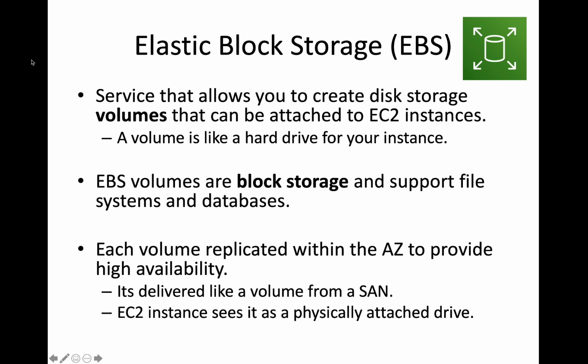Keep in mind, though, that if for some reason we lost access to the availability zone, like there was some sort of catastrophe or fire or something that wiped out that availability zone, it would then wipe out that data. We would lose access to the data and to that EC2 instance.